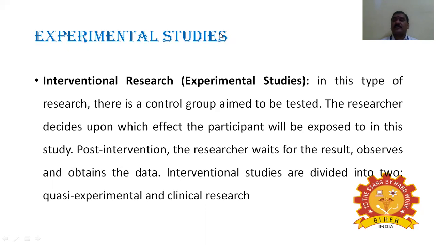The researcher decides which effect the patient will be exposed to in the study. After the intervention, the researcher waits for the results, observes and obtains the data. The interventional studies are divided into two groups. One is quasi-experimental, and the other is clinical research.